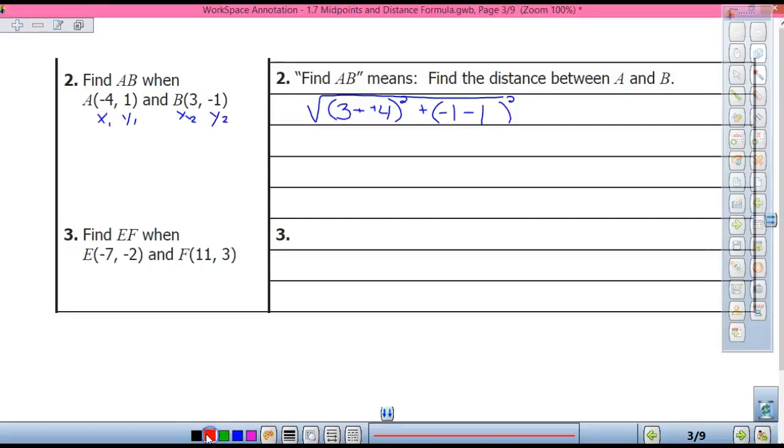Okay. So here, what do we get in our first set of parentheses?